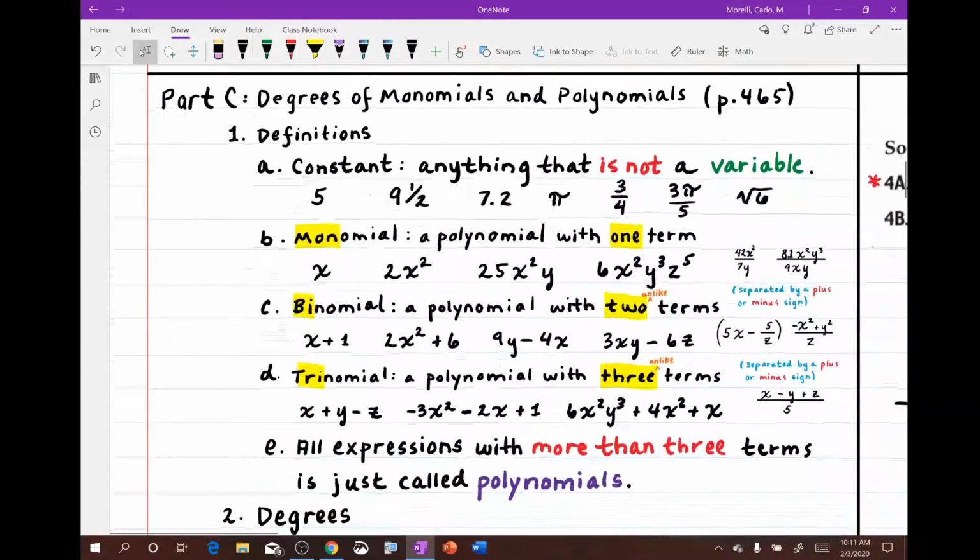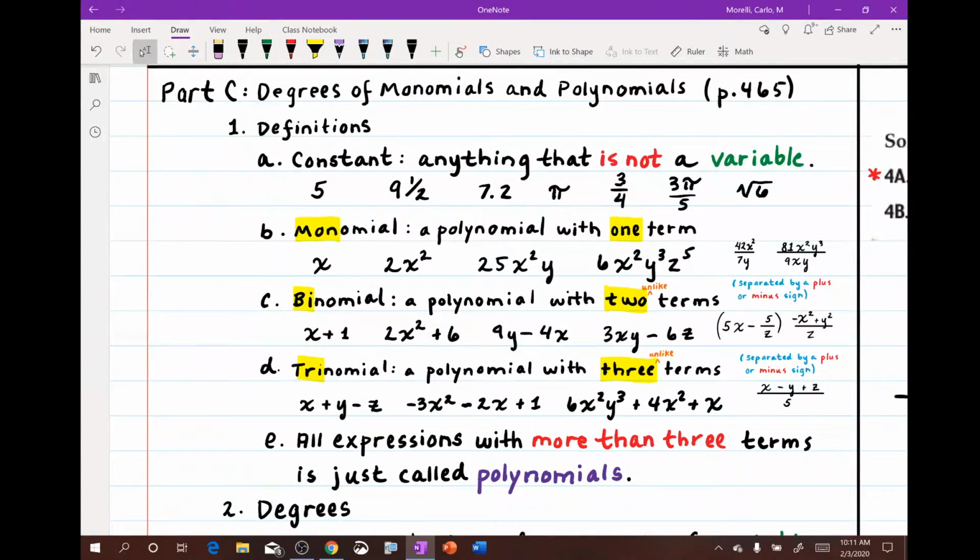New page, guys. New page. Now, let me tell you how to write these notes so you actually have a shot at it, okay? Don't write any of this, okay? Just write Part C, degrees. 1, def. For definitions, okay?